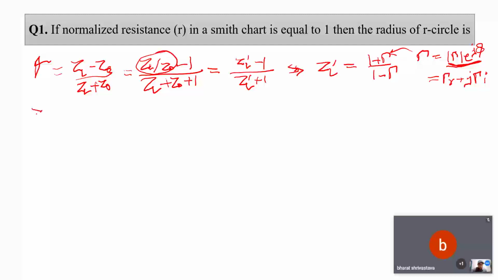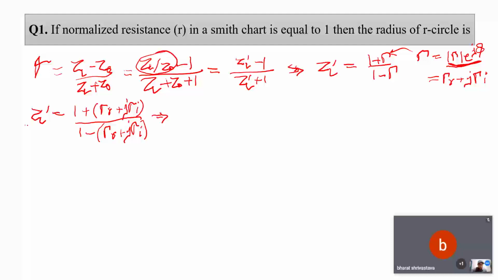So ZL prime is equal to 1 plus gamma r plus j gamma I over 1 minus gamma r plus j gamma I.